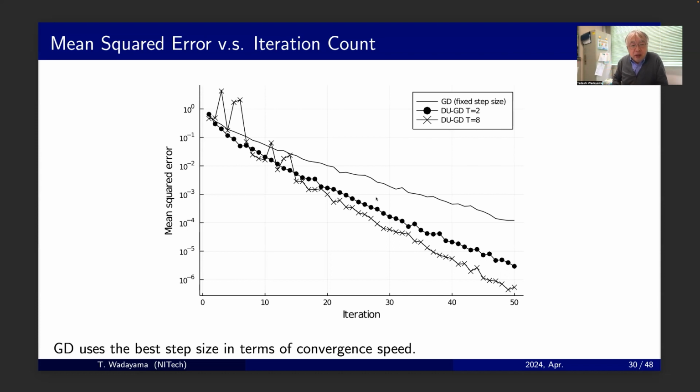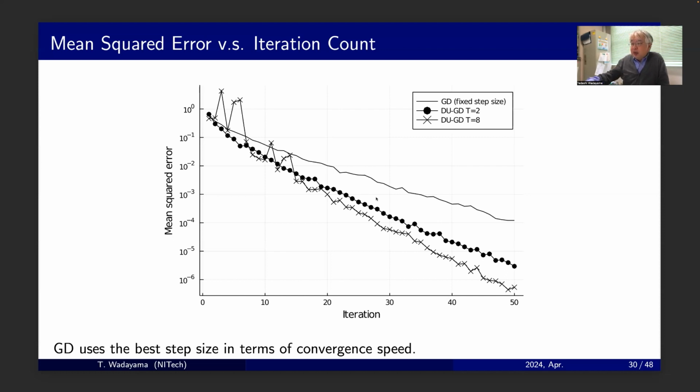The lower two curves are the MSE of the deep unfolding based gradient descent. In this case, we use the periodic step size with period 2 and period 4. As you can see, the deep unfolding based gradient descent achieves significantly faster convergence.